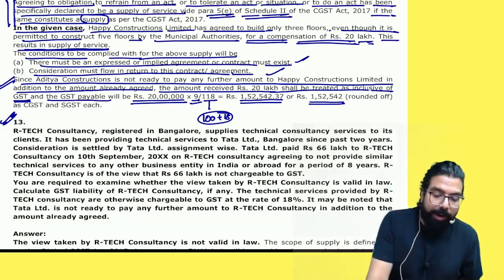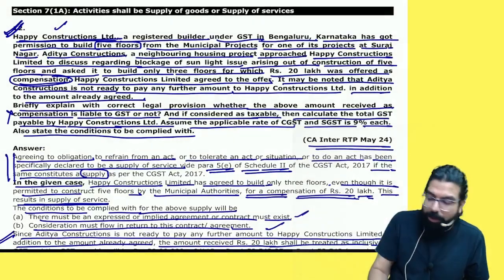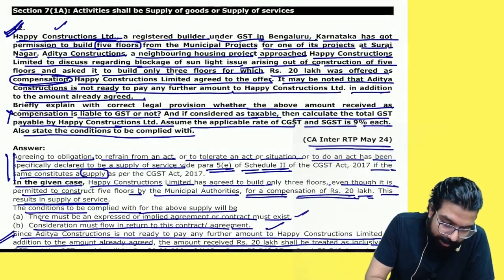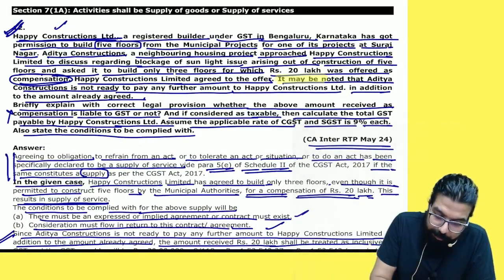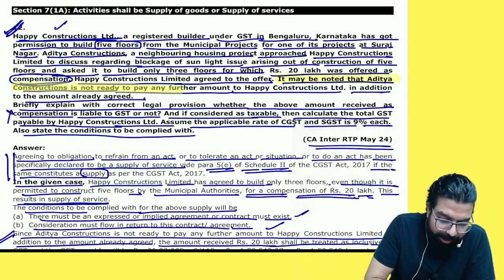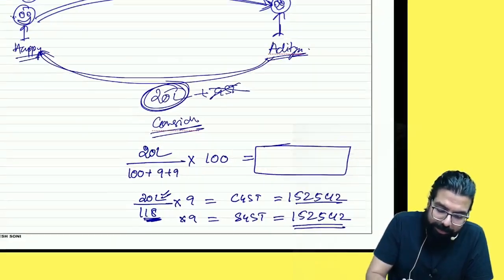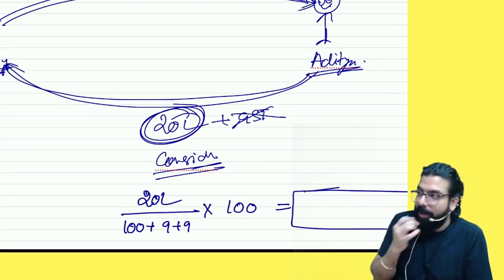Now listen, for example, see in this question they told us that Aditya is not ready to pay any further amount in addition to the amount already agreed. What if they had not told that line?